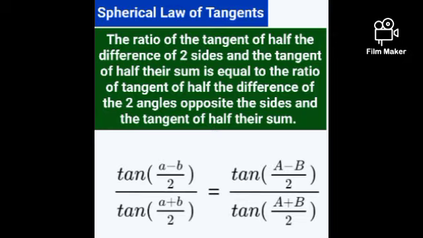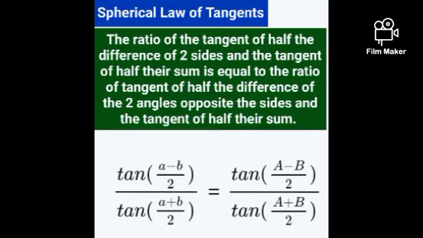To state the law of tangents in symbols, you take two sides of the oblique spherical triangle at a time. We start with the sides denoted by small a and small b, and the angles opposite these two sides are the angles denoted by capital letters A and B. We start from the left-hand side of the equation, which says the ratio of the tangent of half the difference of two sides.